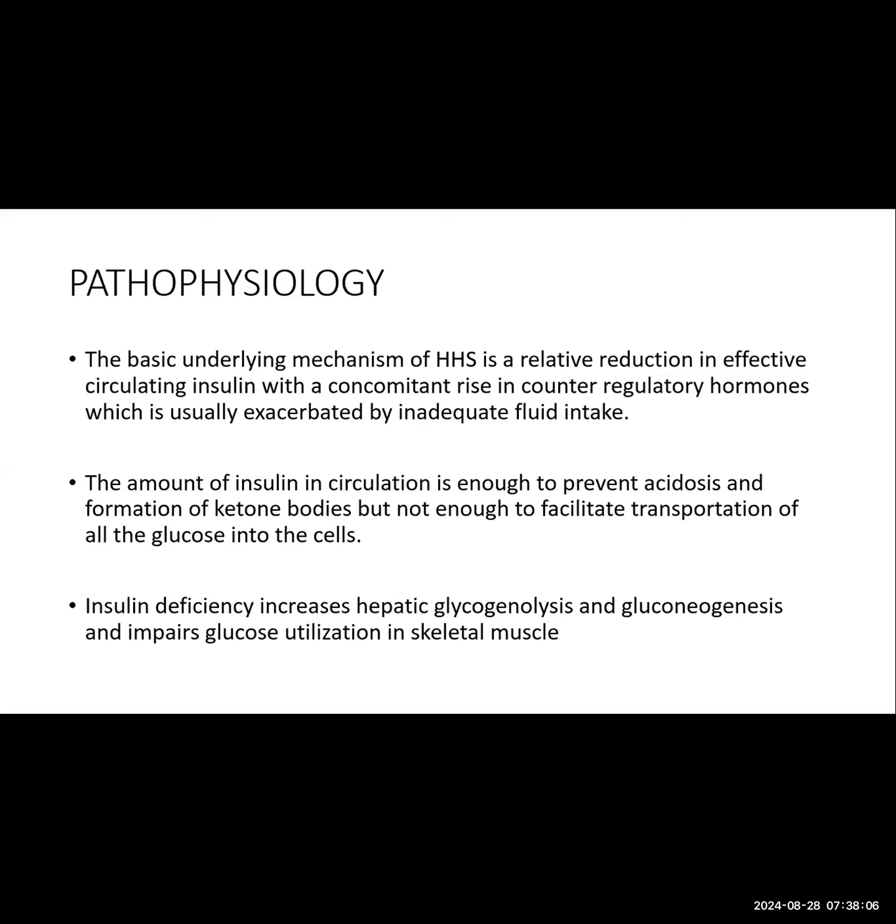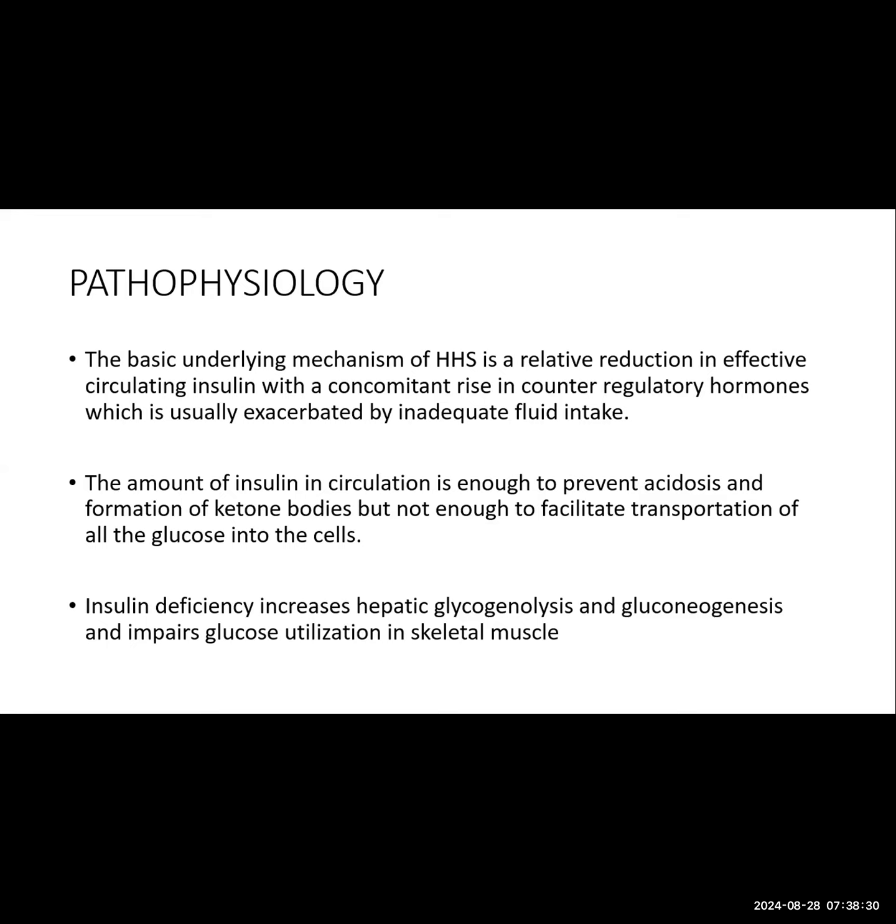Okay. Pathophysiology. The basic underlying mechanism of HHS is a relative reduction in effective circulating insulin with a concomitant rise in counter-regulatory hormones, which is usually exacerbated by inadequate fluid intake. The amount of insulin in circulation is enough to prevent acidosis and formation of ketone bodies, but not enough to facilitate transportation of all the glucose into the cells.